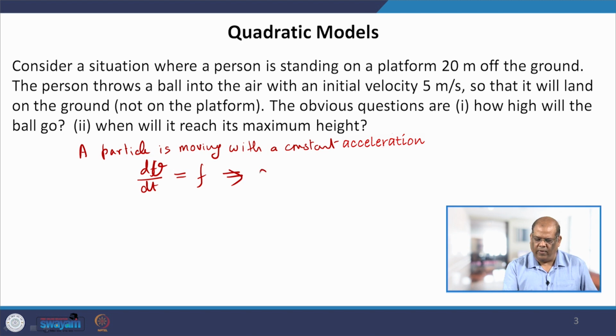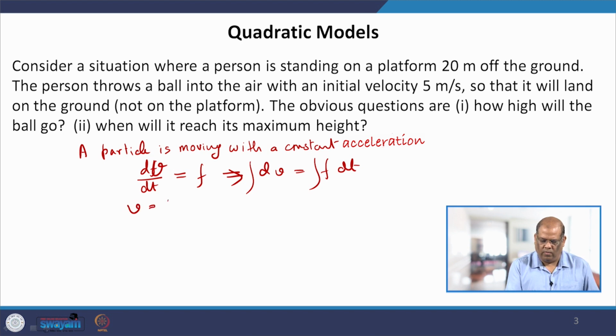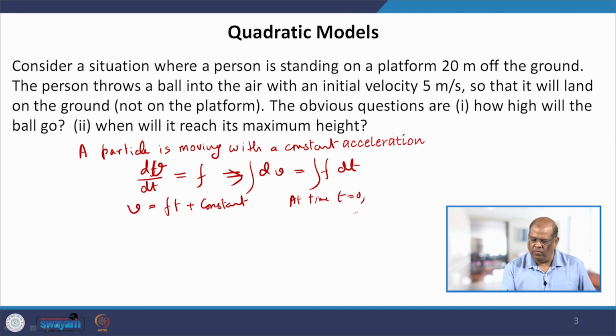So, my next step is to integrate f dt, and I will get v equal to ft plus some constant. If I want to find the value of the constant, I need an initial condition, and say at time t equal to 0, your initial velocity is u.